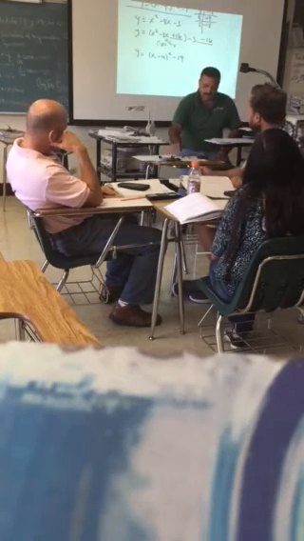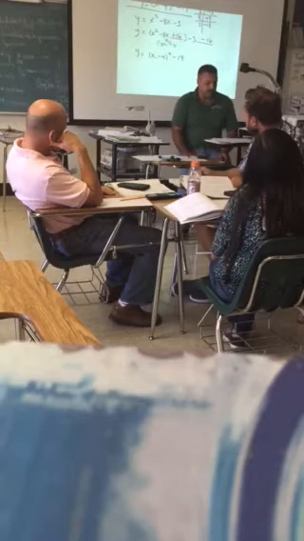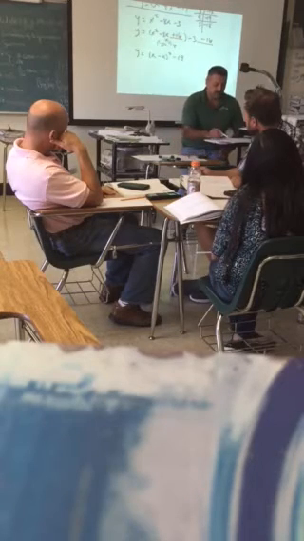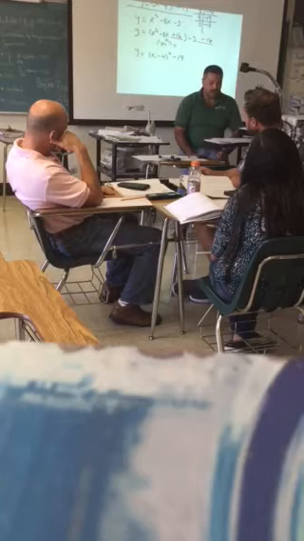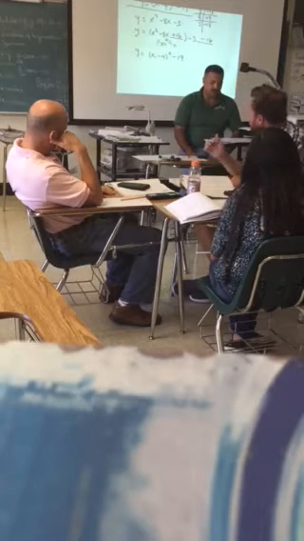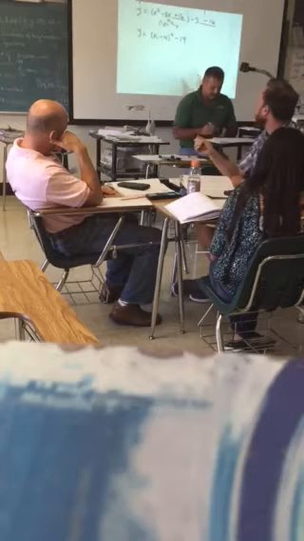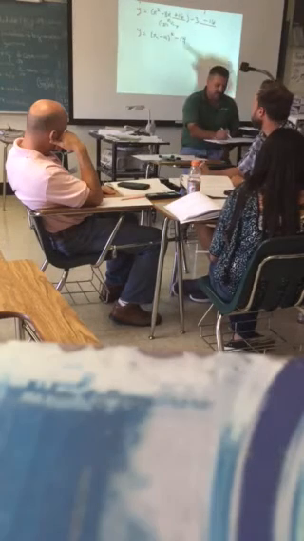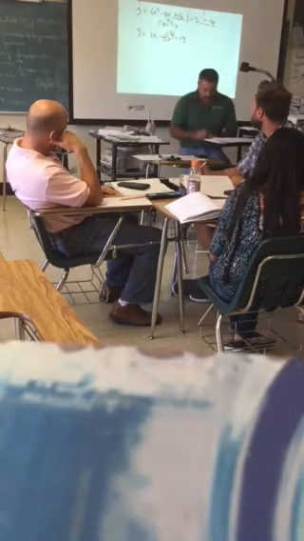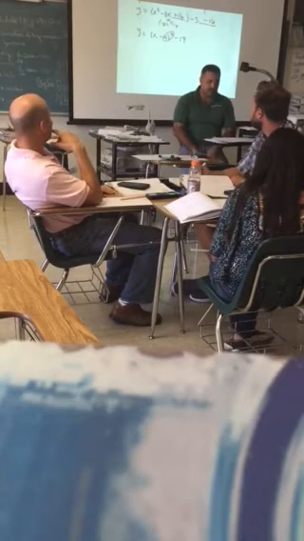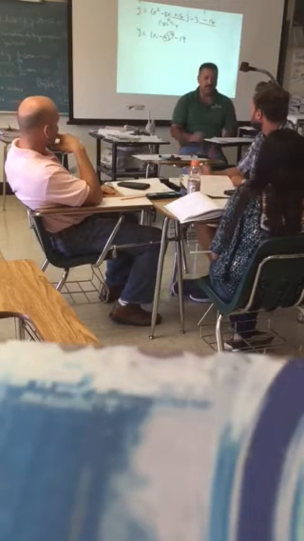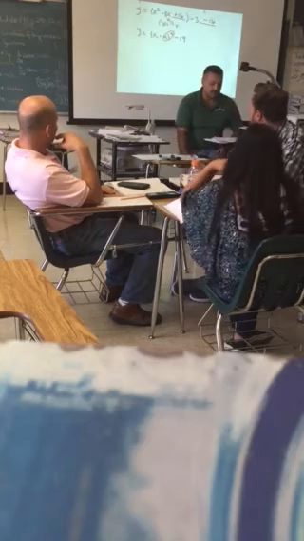You might be asking yourself, well, Mr. Trujillo, what happened to that 16? Why is that 16 no longer there? But I want you to focus your attention right here. What is 4 squared? 16. So 16 really has not disappeared. It's still within our problem.